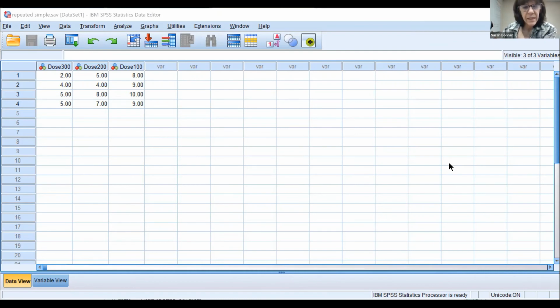But the test of within subjects effects is essential if you also have between subjects effects. The multivariate tests, if you have, for instance, two groups, each of which is being measured 3 times. So we just have one group that's being measured 3 times. If you had two groups, then the multivariate test would test the whole shebang between groups and within groups.